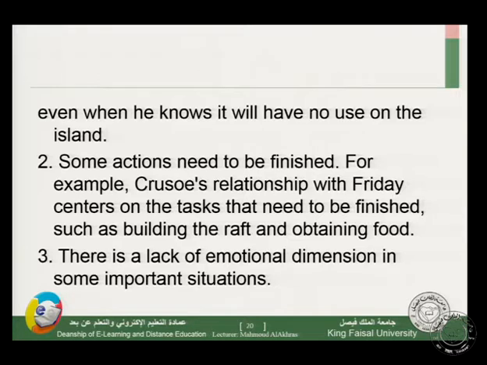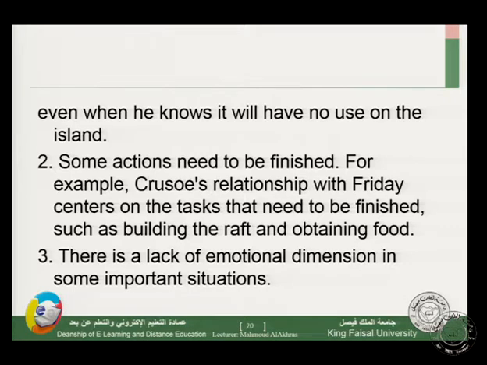For example, Crusoe's relationship with Friday centers on tasks that need to be finished, such as building the raft. After mentioning the raft, we don't have a complete idea about this. And obtaining food: we don't have a complete idea about obtaining food for other characters or even for Robinson Crusoe himself.